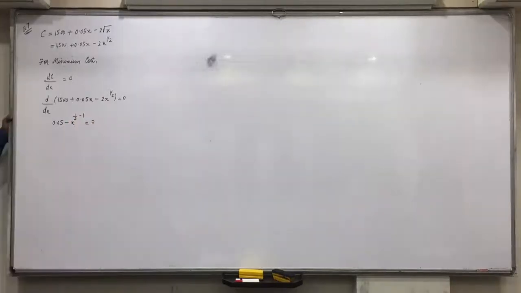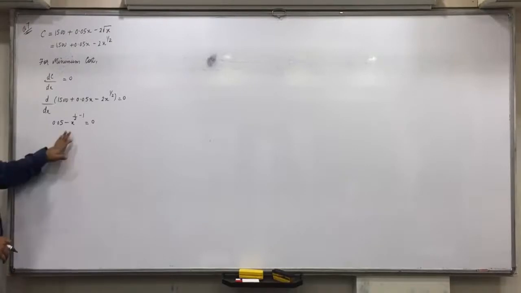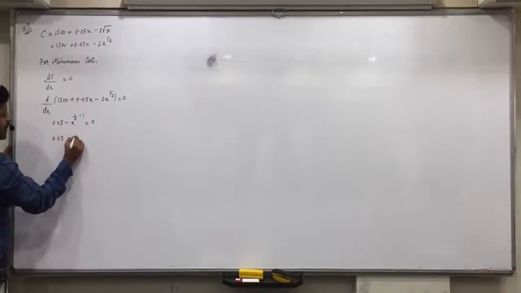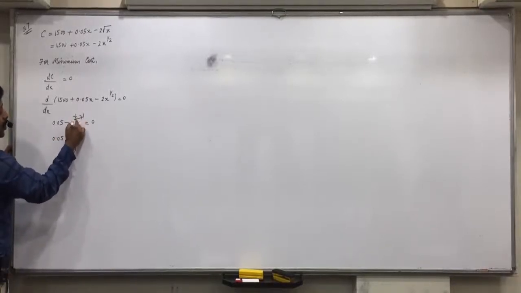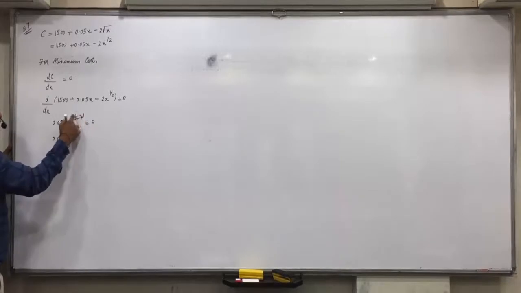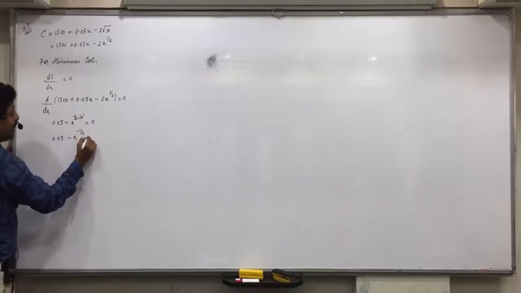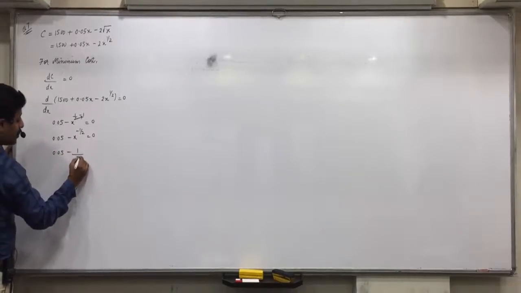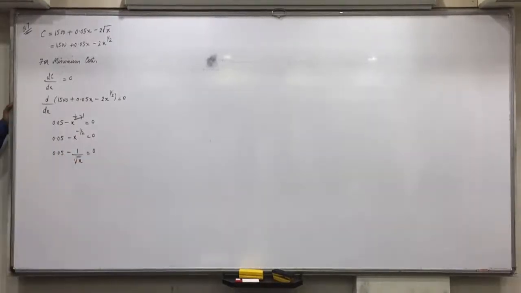Do you understand this, everyone? Raise your hand who is not clear with this. Now 0.05 minus x raised to 1 by 2 minus 1. 2 into 1 by 2 is 1. 1 by 2 minus 1 is minus 1 by 2. Means it will come in the denominator. Any confusion up till here?